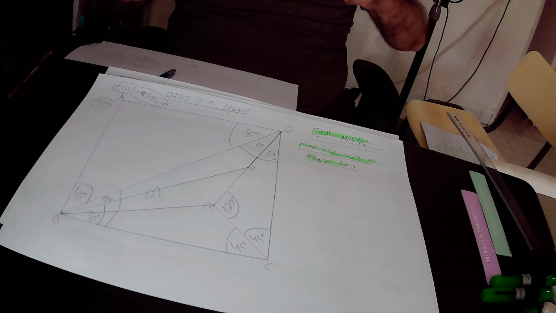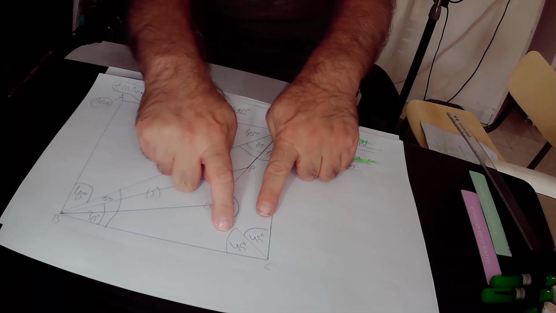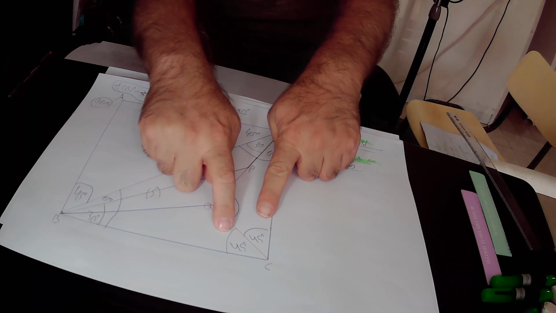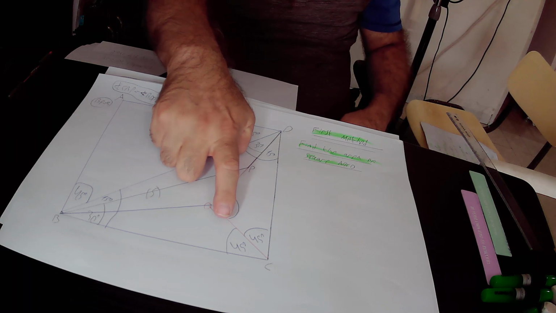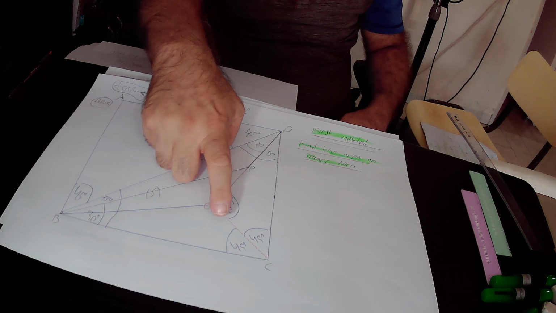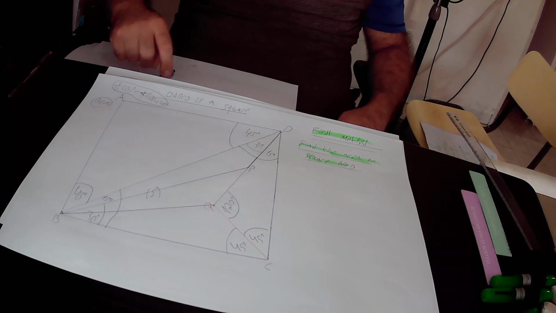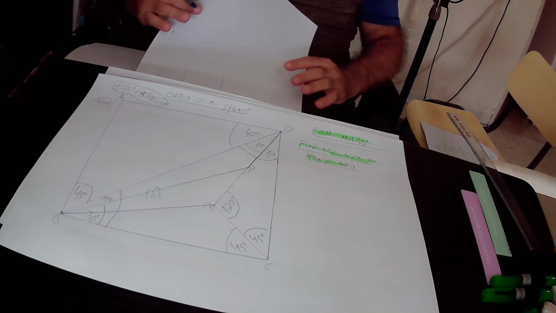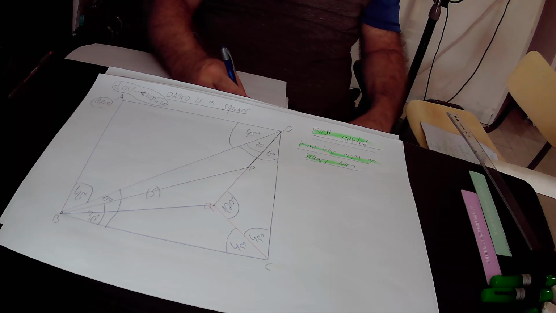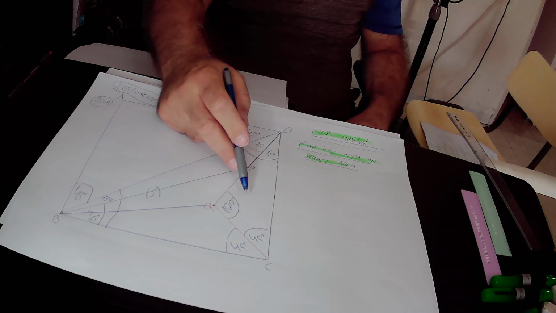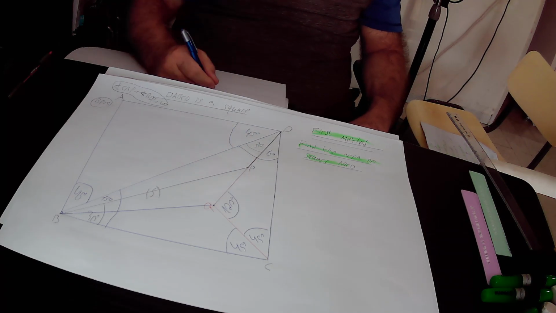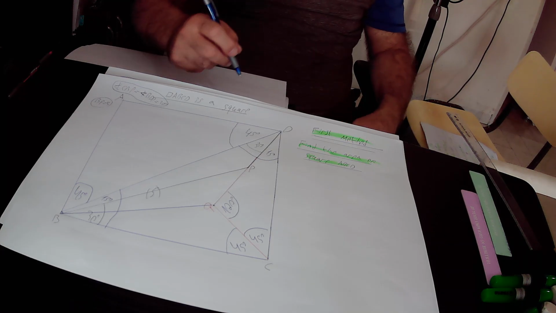In addition, we know that these angles are both equal to 45 degrees and therefore they are equal to each other. So this is angle BCQ of triangle BQC, and it is equal to this angle, angle DCQ, of triangle DQC.